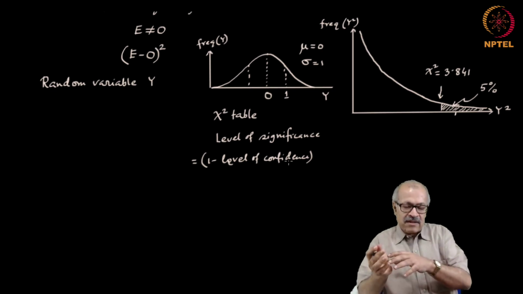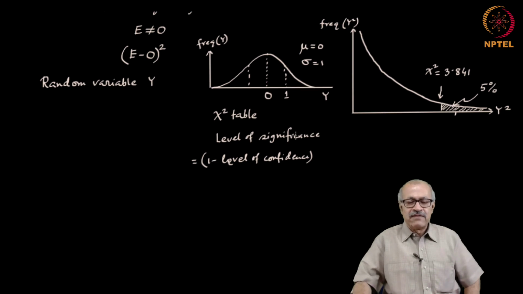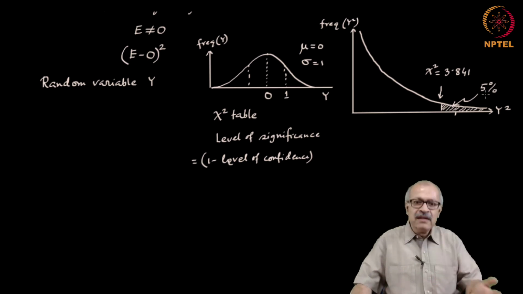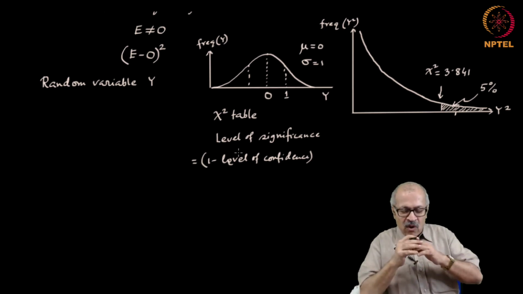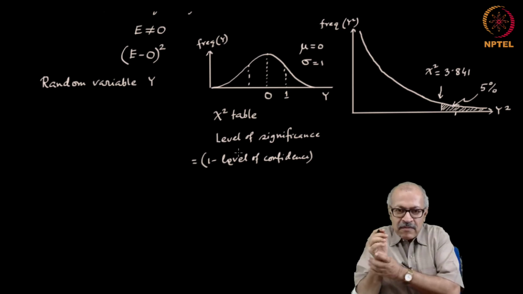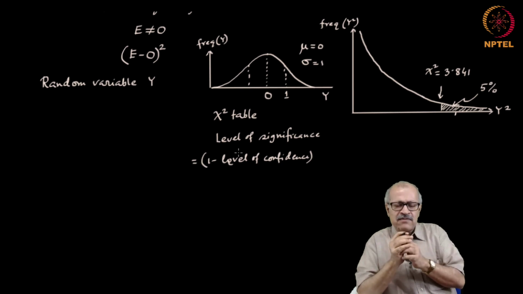In the chi-square table, it is normally given in terms of the level of significance. So, it is given in terms of 5%, which would mean that the level of confidence is 95%.